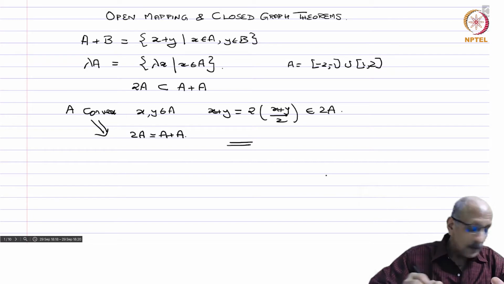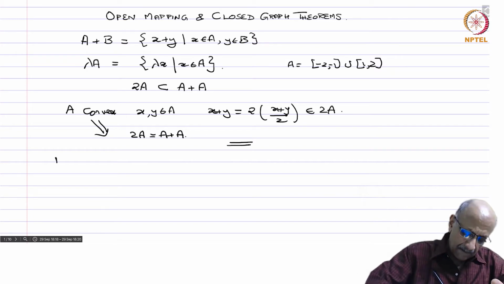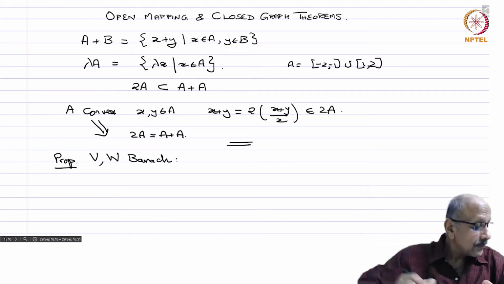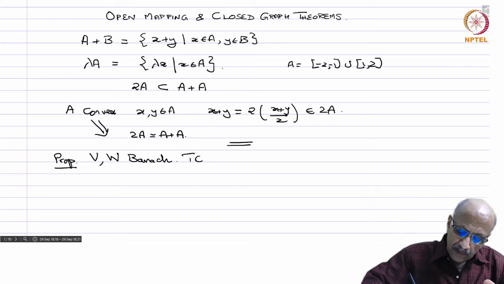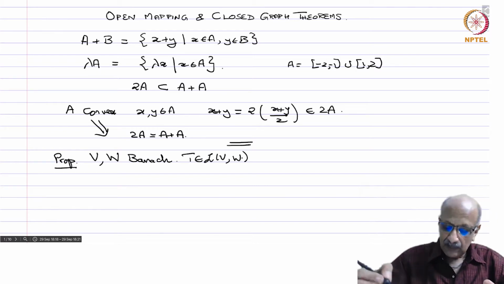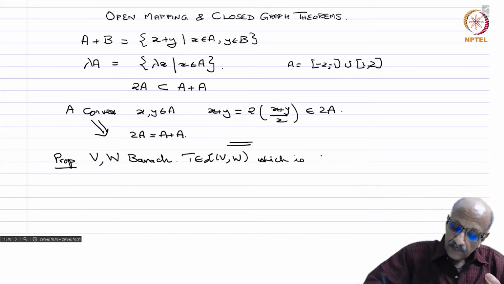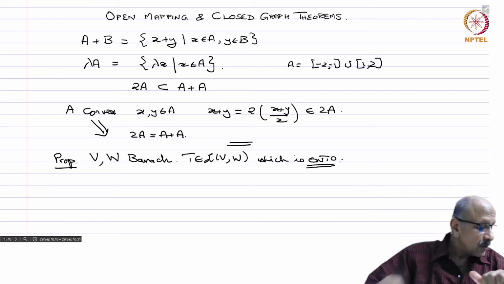So we will first prove a proposition. Let V, W be Banach spaces, and T belong to L(V, W), so that's a bounded linear operator or continuous linear operator, which is onto. This is the main hypothesis which we want to remember.